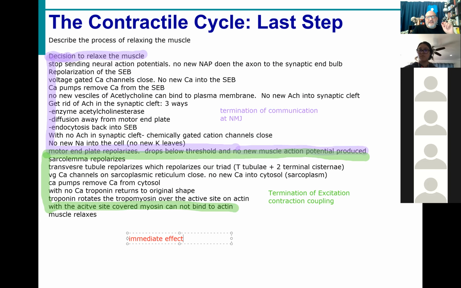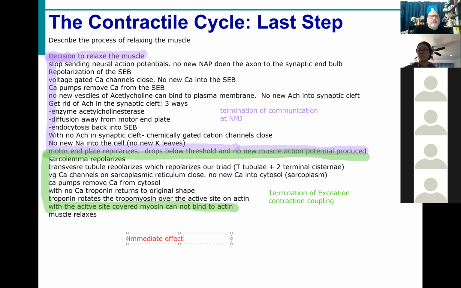The immediate effect is that the synaptic end bulb repolarizes. The immediate effect is that the voltage-gated calcium channels close. The immediate effect is the pumps get rid of calcium. And with the calcium gone, we stop releasing acetylcholine. So when you're writing these essay questions, think in terms of what is the immediate effect, and that'll help you to get all the details.